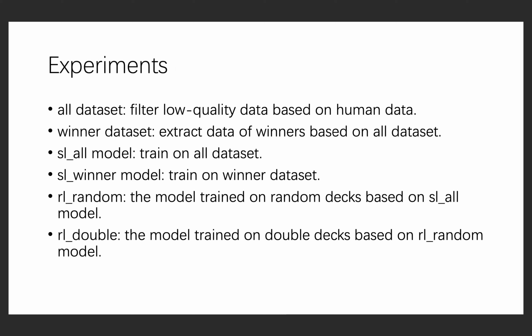About the experiment, we do experiments both on imitation learning and reinforcement learning. So first is imitation learning. The dataset is the one provided by the competition organizer, and we filter some low quality data based on human data.